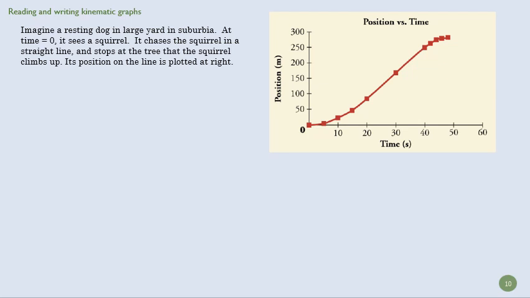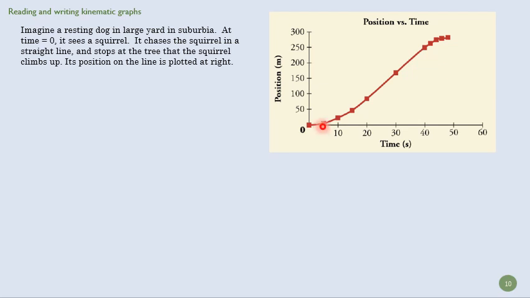So let's do a little test here. And here we've got a position. Again, stop and say, okay, this is position over here. So what is this dog doing? I'm starting at 0. Okay, he's moving in the positive direction, because by the time we get to the end, he's gone 250 meters in that positive direction. So keep that in mind. At time 0, he sees a squirrel and chases it in a straight line.